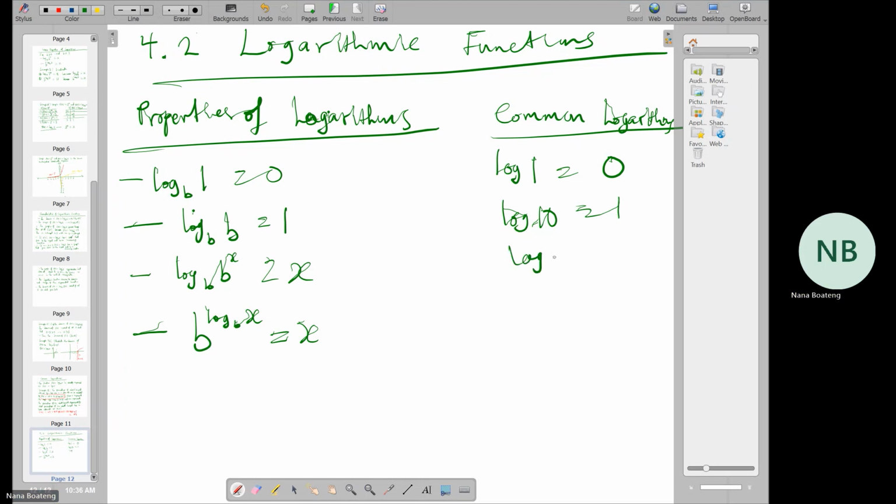Log of 10 to the power x is equal to x, and 10 to the power log x is equal to x. These are the properties of logarithms and their corresponding common logarithms, which are all to the base 10, which we don't write.